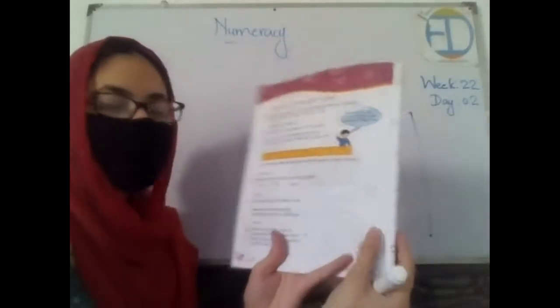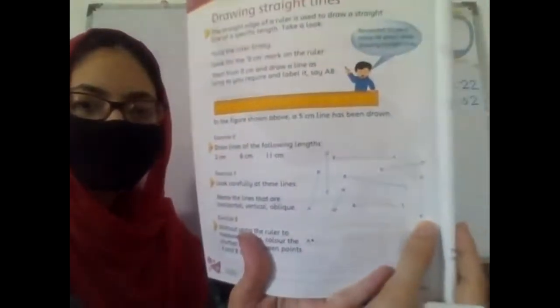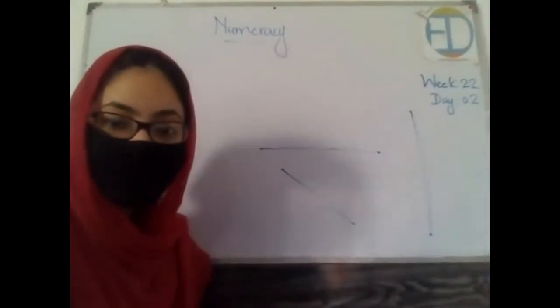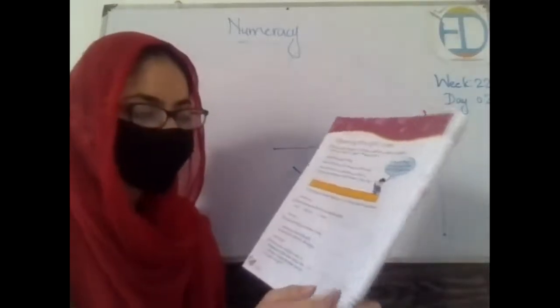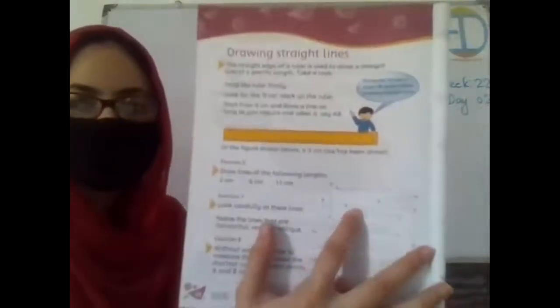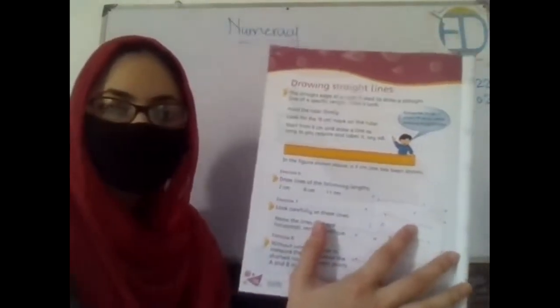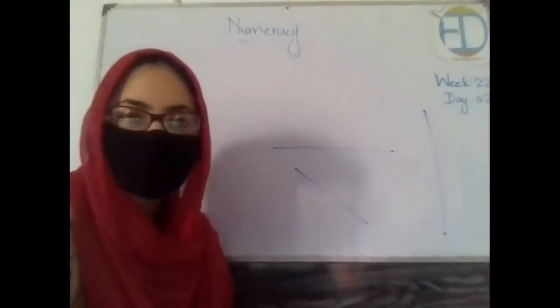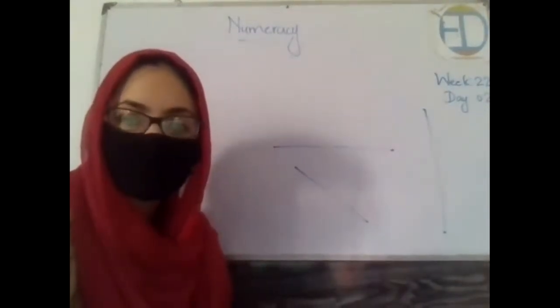Excellent. What about OP? It's vertical. Well done. What about RS? It's horizontal, right? And what about this last KL? It's again oblique, right? Okay.